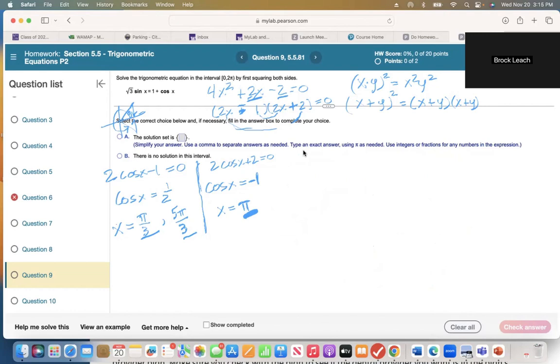What you may end up with is that it works in this equation, but it may not work with the original equation. So we'll just got to check these one by one. So original thing is square root of 3 sine x equaling 1 plus cosine x.